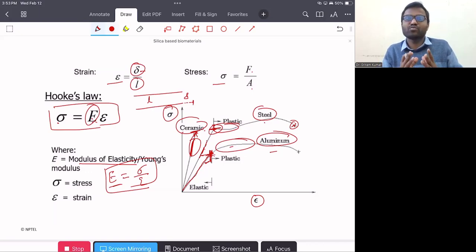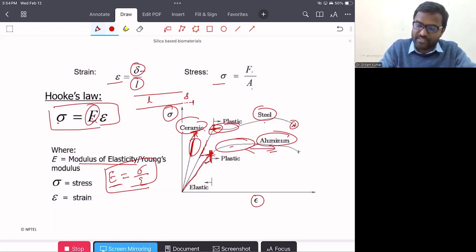And if you want to develop biomaterials that need really high Young's modulus and stress, in that case we can go for ceramics kind of materials. And if you want something elastic, where we need less mechanical strength from the material, then we can go for the aluminum kind of material. So based on the application, we can choose either ceramics, maybe steel, or maybe aluminum.